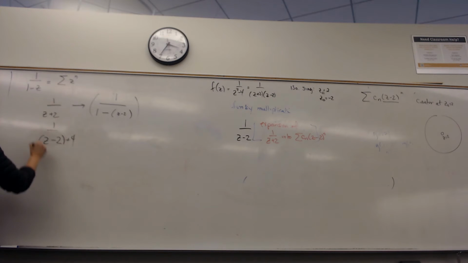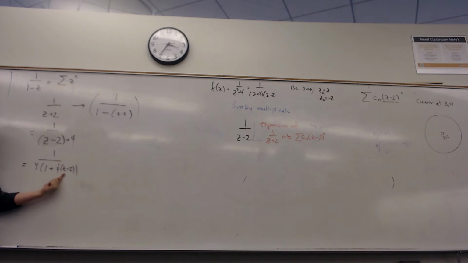So the next step is to write this as being equal to 1 over 4 times 1 plus 1/4 of a z minus 2. I'm close now, because that has z minus 2's inside of it, so it almost looks like 1 over 1 minus a brick that has z minus 2's inside. But there's a plus here.